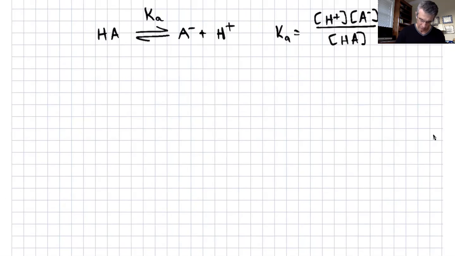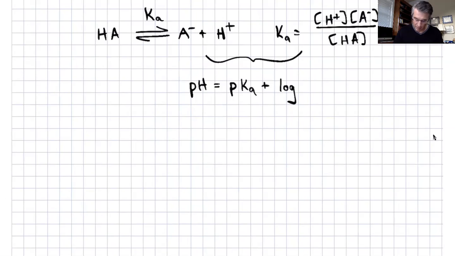I went through that simple derivation and we ended up with the idea that the pH, or the minus log of the hydrogen ion concentration, is equal to the minus log of that equilibrium constant plus the log base 10 of the ratio of the conjugate base to the conjugate acid.